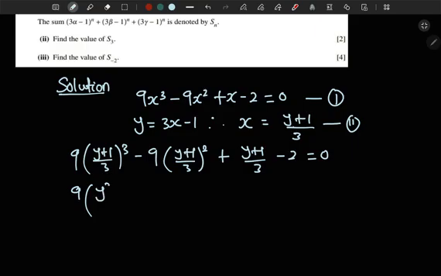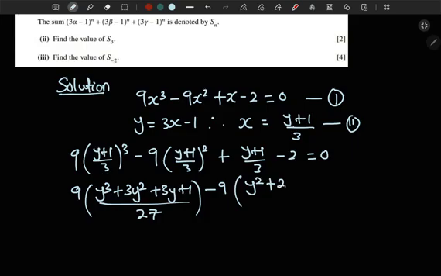I'm sure that's going to give us y cubed plus 3y squared plus 3y plus 1, and 3 cubed is going to give us 27. Then minus 9, and when you expand y plus 1 squared, that's going to give you y squared plus 2y plus 1 over 9.